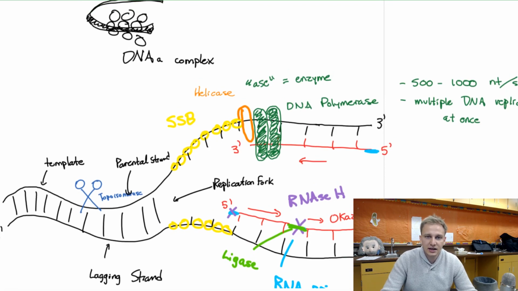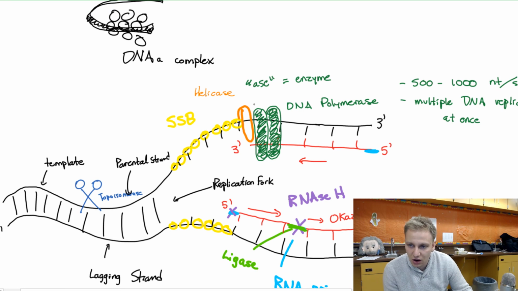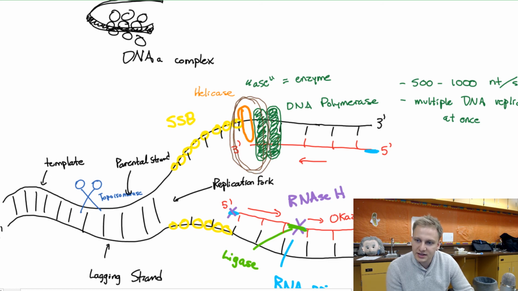The sliding clamp is a bigger structure. It usually goes along with this massive structure here, so we'll draw a big circle. It has a couple of different parts, and it differs in eukaryotes and prokaryotes.